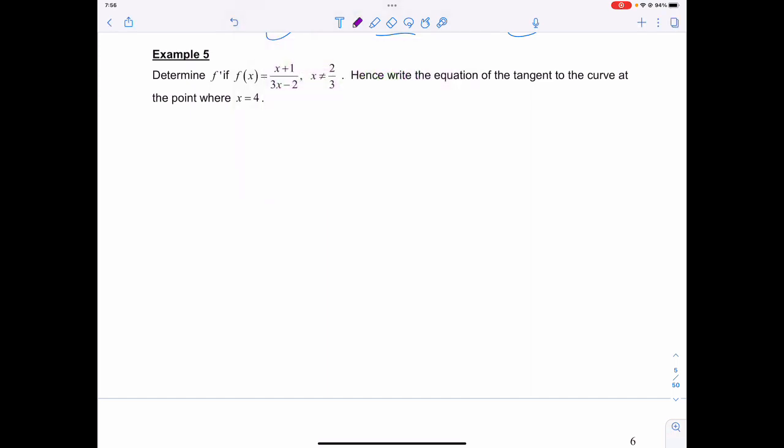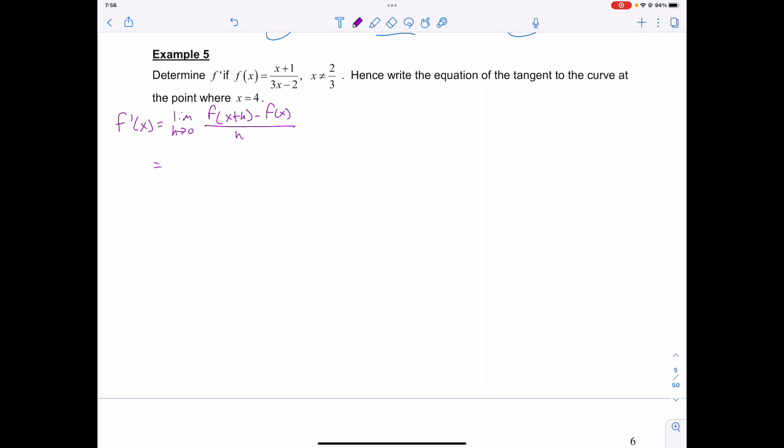So we're going to state that f prime at x is going to equal the limit as h approaches 0 of f of x plus h minus f of x divided by h.